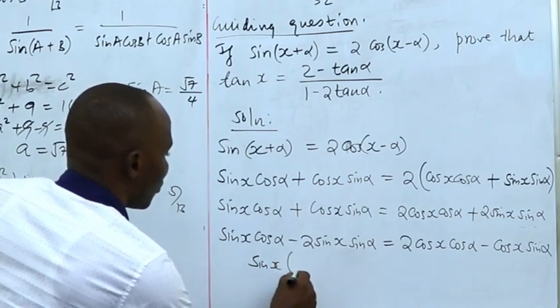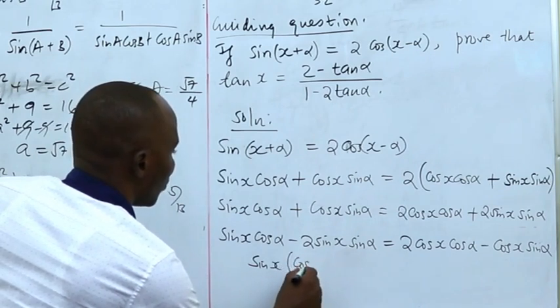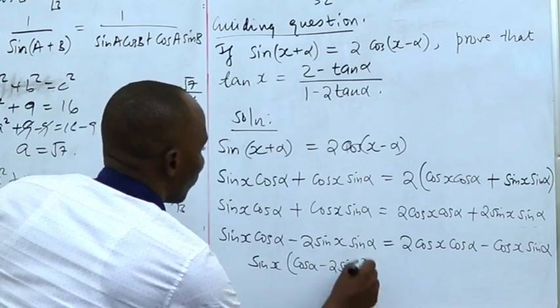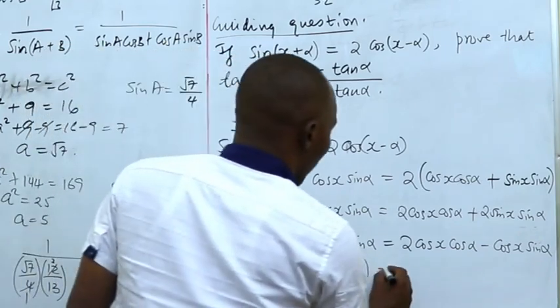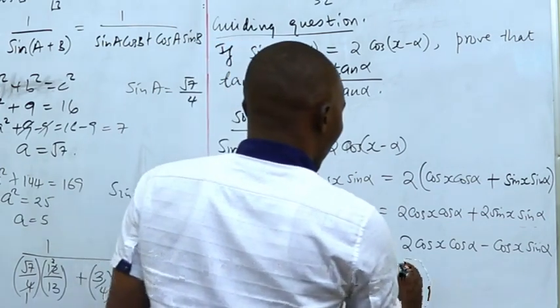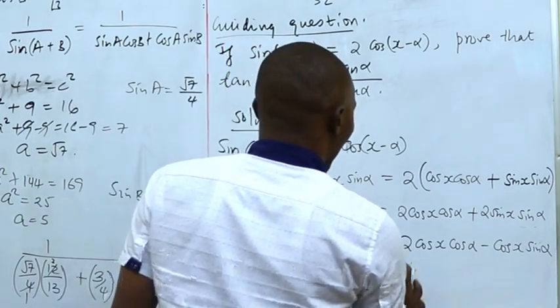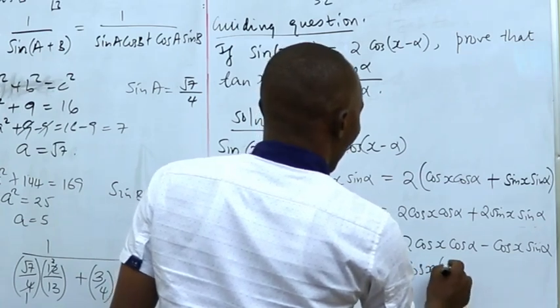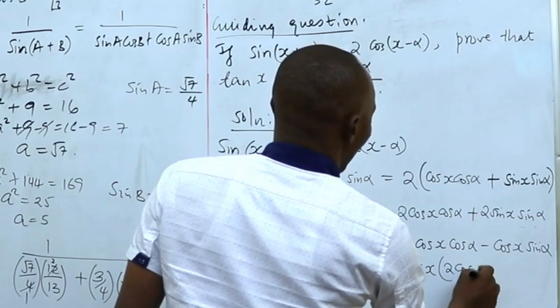If I factor out sine x, I'll remain with cos alpha minus 2 sine alpha. Okay? Now the other side, still cos x is common. So you can have cos of x into 2 cos alpha minus sine alpha.